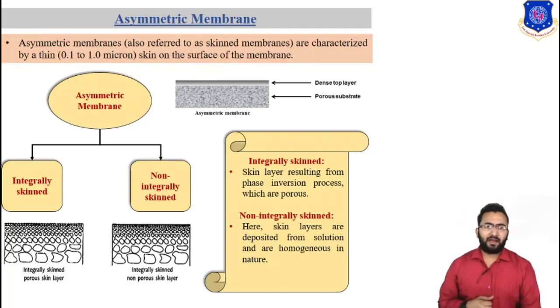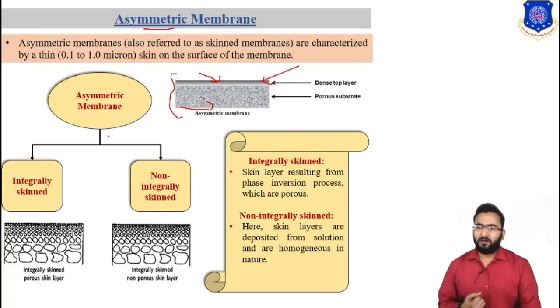So this is one example of an asymmetric type membrane, which has a dense top layer, or skin, and this is a support layer, or porous substrate. From these two parts, the asymmetric membrane is formed. Asymmetric membrane can be further classified as integral skin membrane, where the porous surface is a part of the membrane, whereas in non-integral skin membrane, the porous surface is made from another solution.